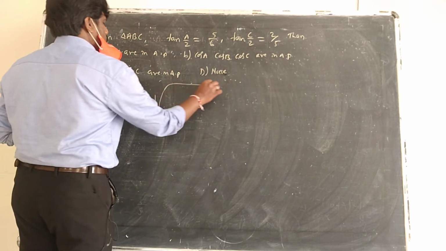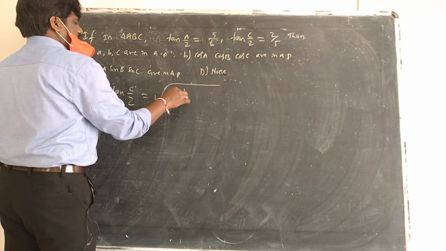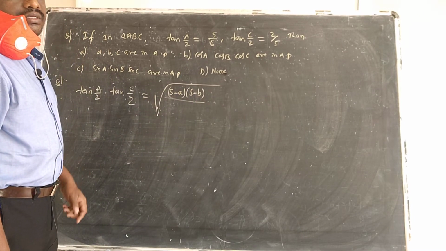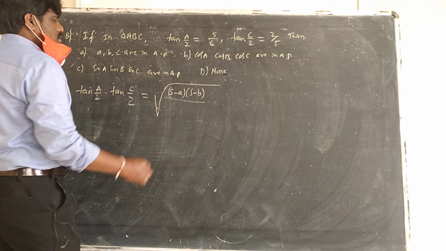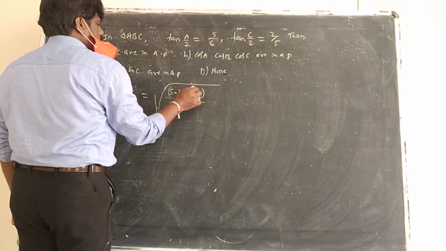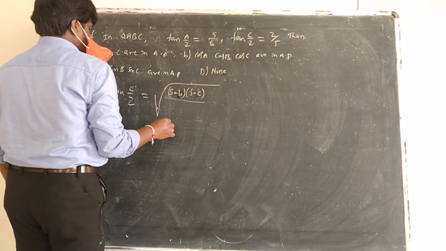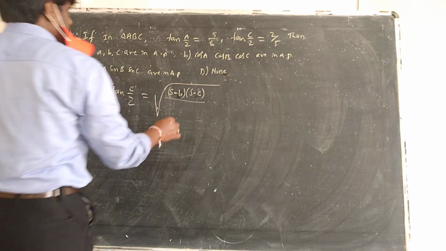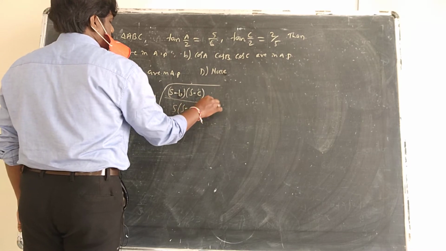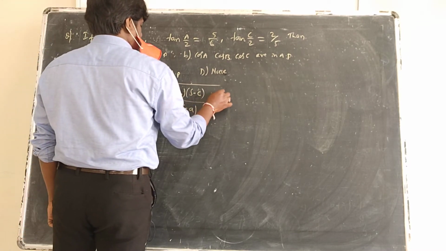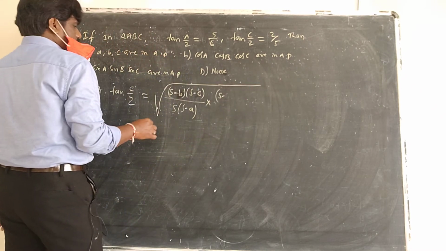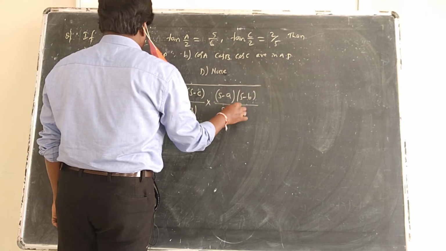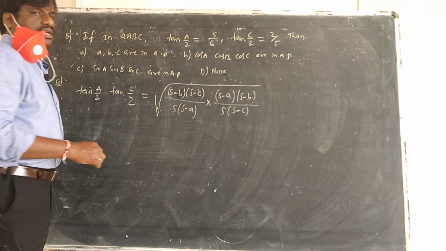Square root of (S minus B)(S minus C) divided by S(S minus A), and square root of (S minus A)(S minus B) divided by S(S minus C). Okay, we can write like this.